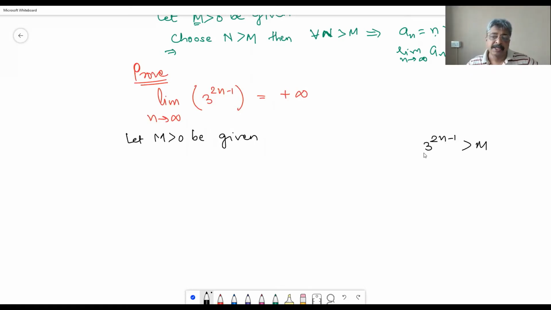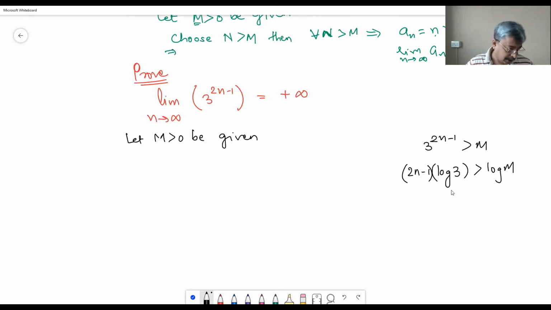Now 3 is greater than 1, therefore taking log of both sides, we won't affect the inequality. So log of 3 raised to 2n minus 1 is (2n minus 1) log 3, which should be greater than log M. Correct?